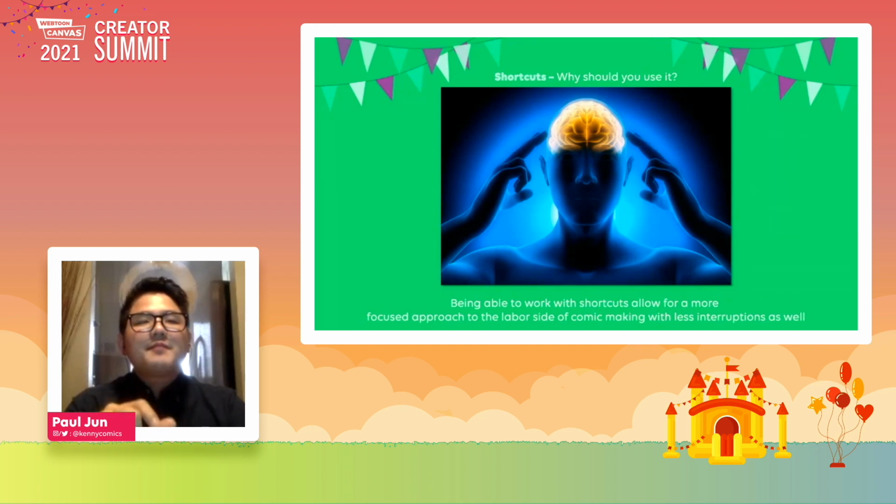And if that happens more and more, sometimes that could add up to seconds, minutes, and hours. But by having more control over what you do, you are able to concentrate on what you're doing, and it gives you a more efficient way of finishing and working on the labor part of making comics.